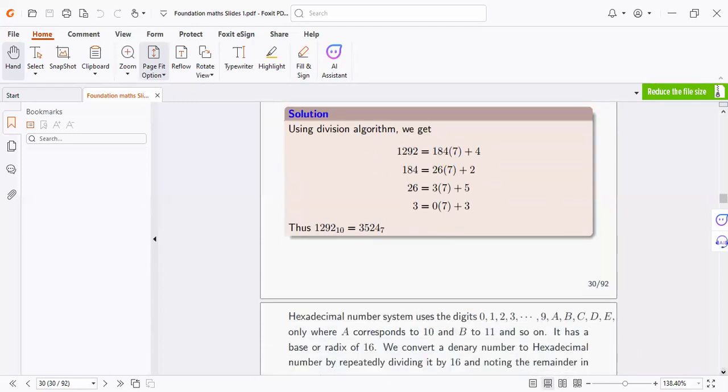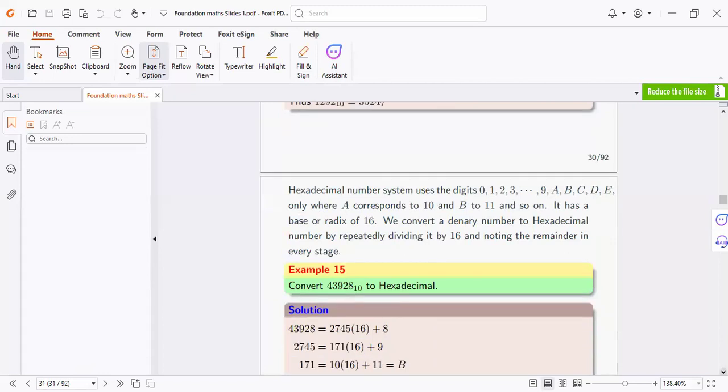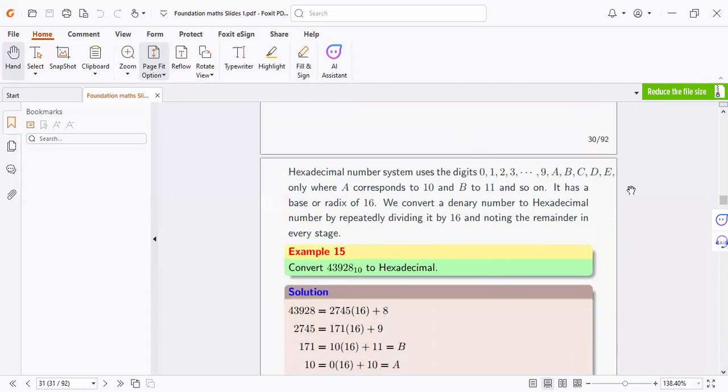I've also talked about hexadecimal numbers, that use 0 to 16, but from 10, instead of 10, it's A, then B is 11, C is 12, D is 13, and then E is 14. How many numbers are those? There are supposed to be 16 numbers.